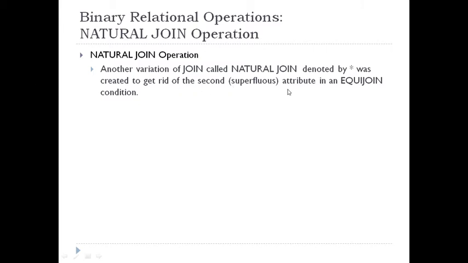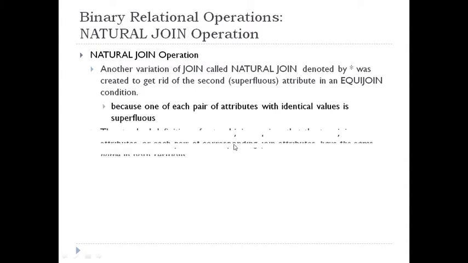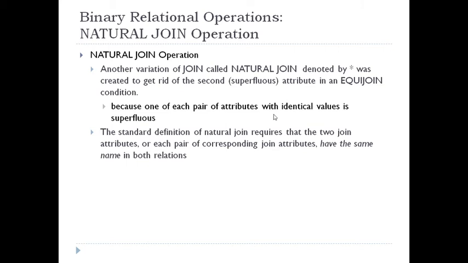Now the natural join is denoted by a star, and we use it to get rid of the second attribute. Okay, to get rid of the second attribute in an equijoin condition, we will use the natural join, because one of each pair of attributes will be identical, right? As I said, DNUM and DNO both have the same values.